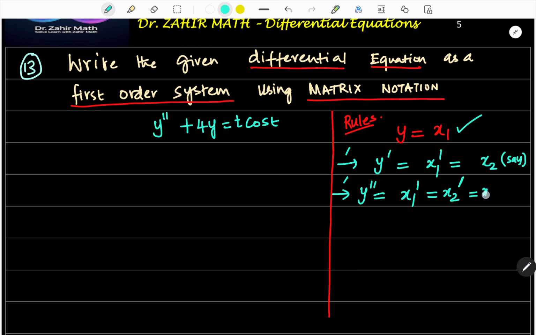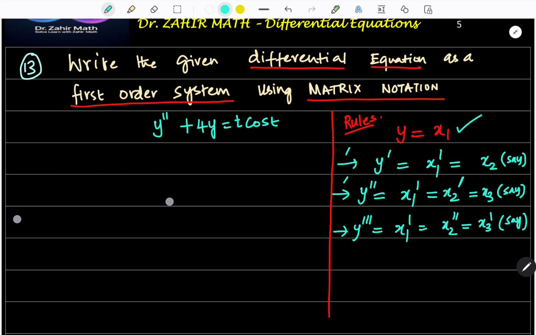For the sake of simplicity, I'm calling it x3. I'm going for the next derivative, y triple dash, which is x1 double dash, which is equal to x2 double dash. For the sake of simplicity, I'm going to call this x4. I'm going to call this x3 dash. And then I'm going to call it x4. Keep in your mind. Very simple.